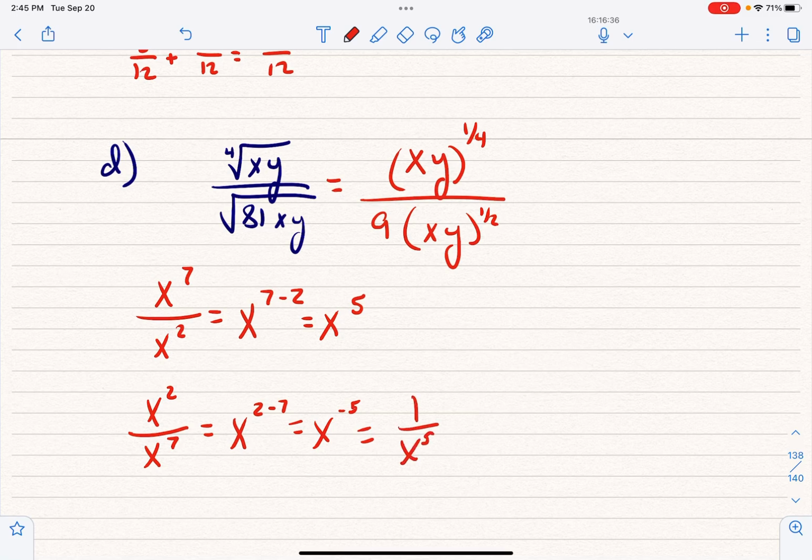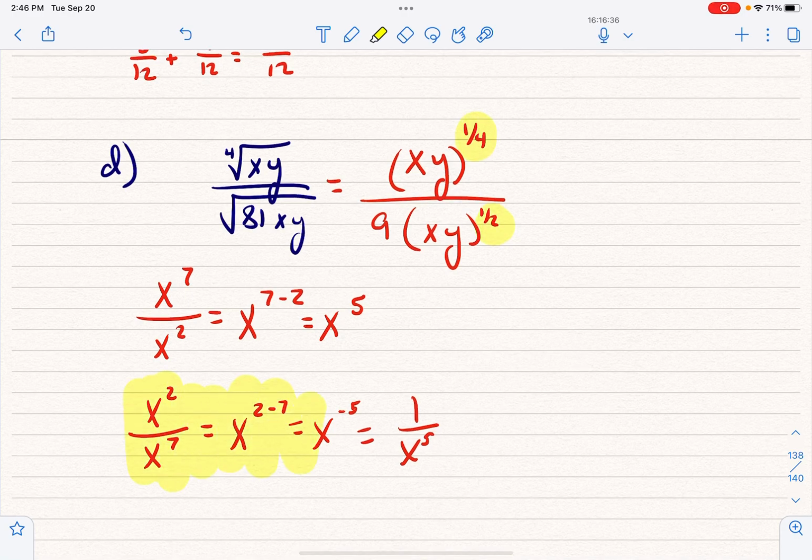Now, you can see on the top we have 1/4, on the bottom we have 1/2. 1/4 is smaller than 1/2, so it really falls under this situation, which means we're going to be left with xy in the denominator. Okay? That's one thing I know. And so another way of looking at it is, well, what is 1/4 minus 1/2? And the answer is negative 1/4.